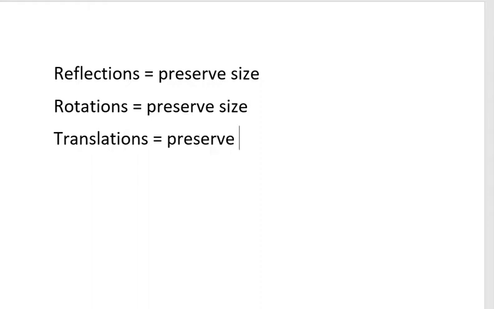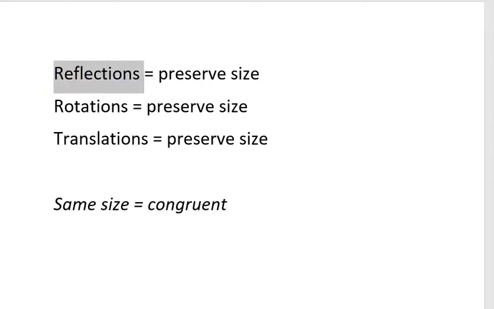Preserving the size is the same thing as saying it keeps the size the same. And we know that when things have the same size, that means they're congruent. So anytime I'm doing a reflection or a rotation or a translation, I'm keeping things the same size, and so my image and my pre-image will always be congruent.